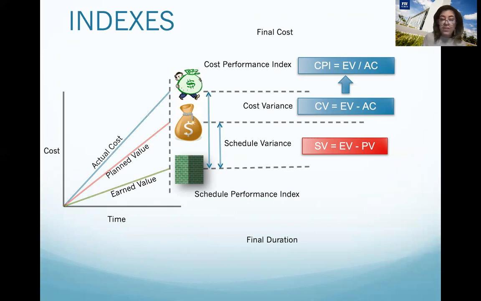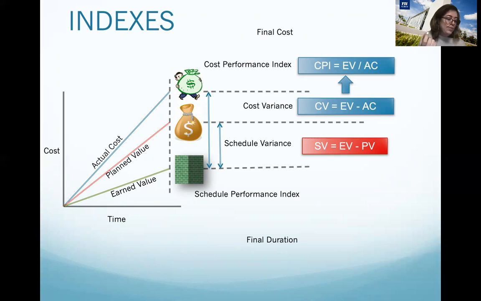It is the same concept, but now we use the planned value instead of the actual cost. It's a measure of schedule performance expressed as the difference between the earned value and the planned value. It is the amount by which the project is ahead or behind the planned delivery date at a given point in time.